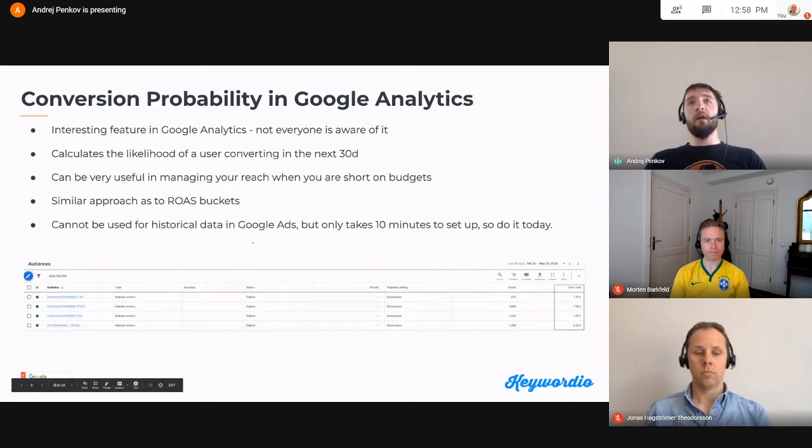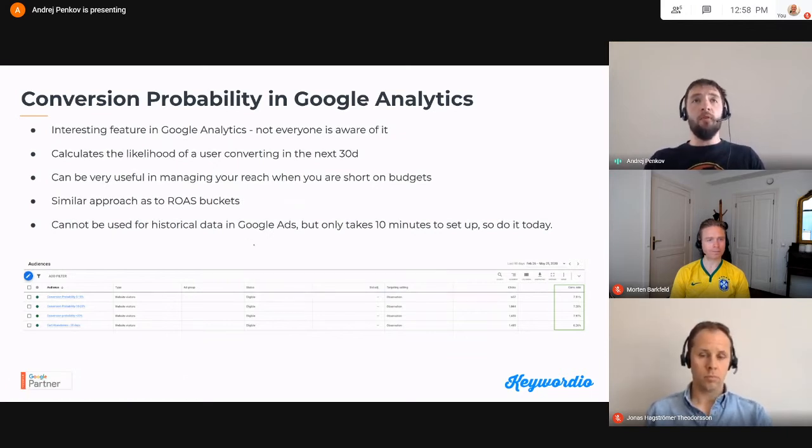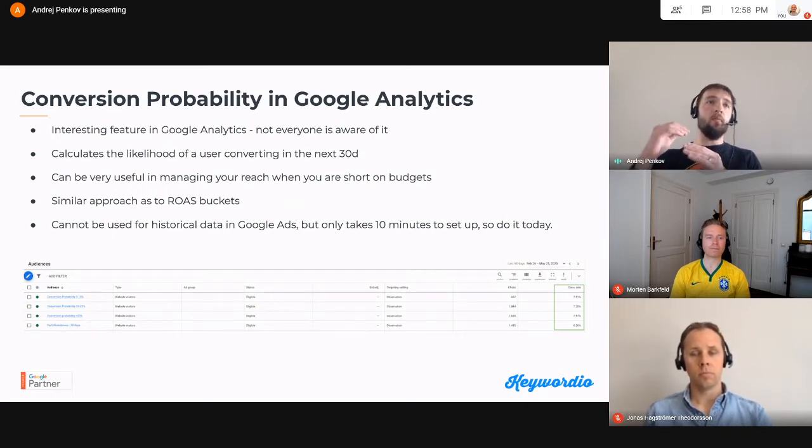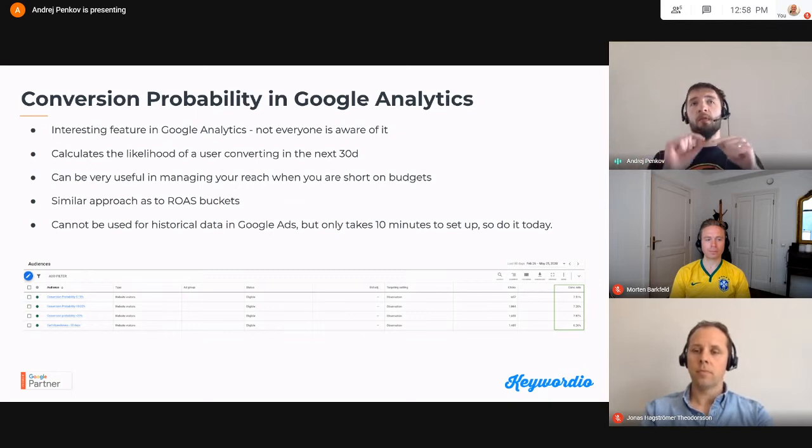One last thing that I would like to mention here is something that is available to everybody, because previously I mentioned a few things which require some technical implementations, such as breaking your product feed down to the product level, and then enabling or disabling particular products.